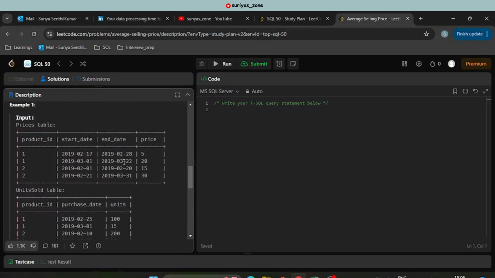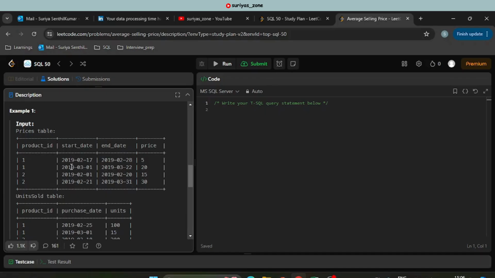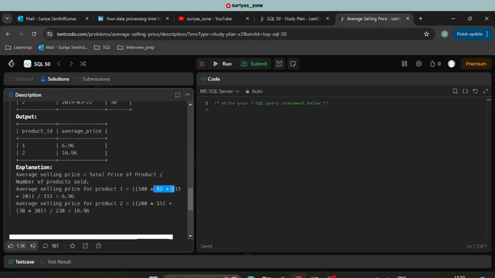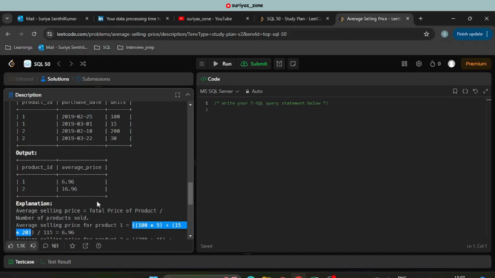And on some other period it was 20 rupees, and only 15 items were sold, so that time it will be 15 into 20. This is the total price of the product when we do this multiplication. To find the average selling price for this particular product, we need to divide that by the number of products sold.